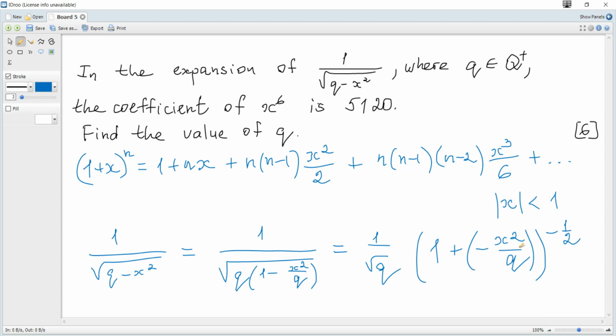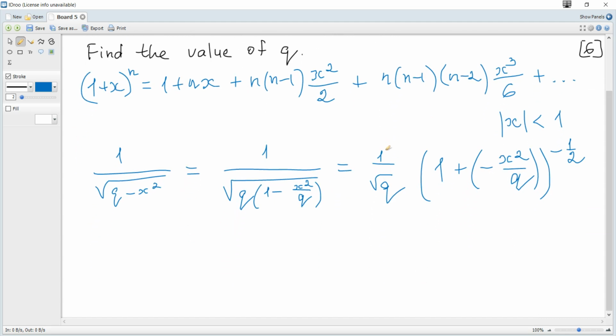So we can consider this term only. Notice that there's a common factor, multiplied by this expansion.